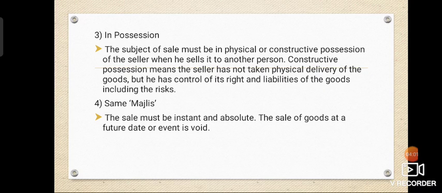Number four is same majlis. The sale must be instant and absolute. The sale of goods at a future date or event is void. The sale needs to be made at the same time and on the spot.